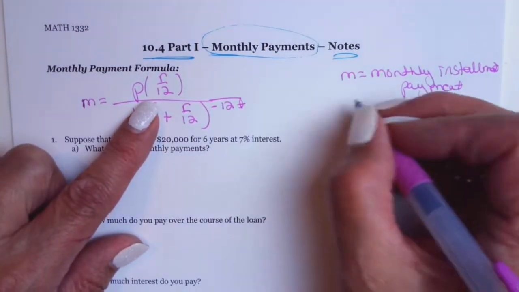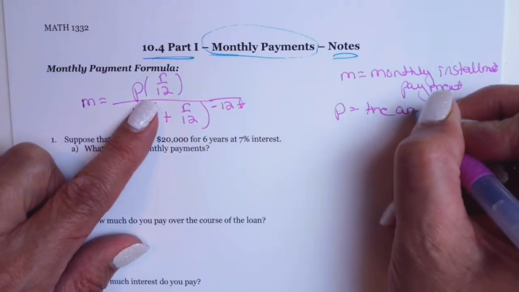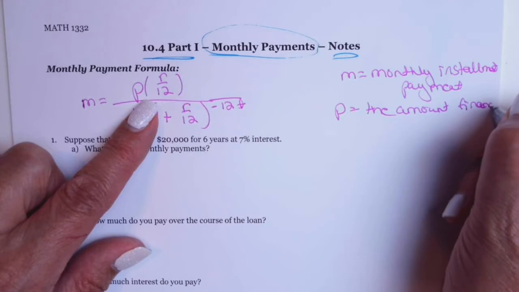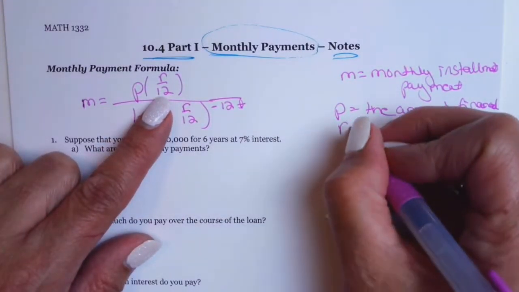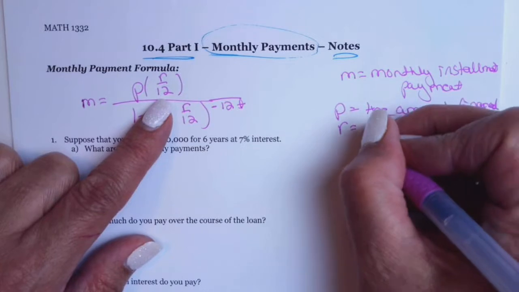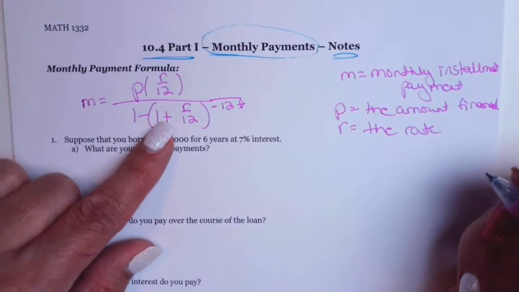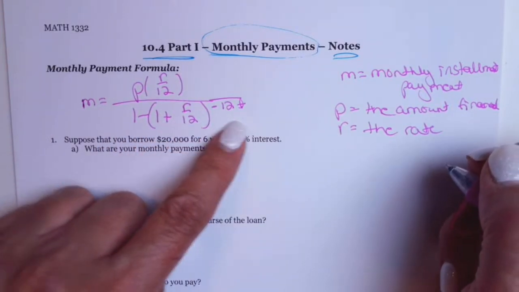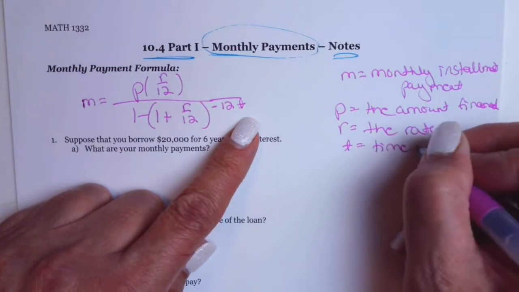P is the principal, the amount financed. R, again, is the rate, and of course, we have to convert it to a decimal. Then we have 1 minus (1 plus R over 12), and T is time in years.